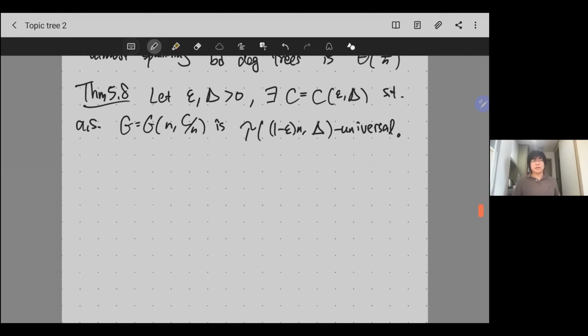Once again, what it means is that if you give me any tree with maximum degree delta on at most (1 minus epsilon) times n vertices, then with probability 99.9%, I can find this tree in G(n, C/n).